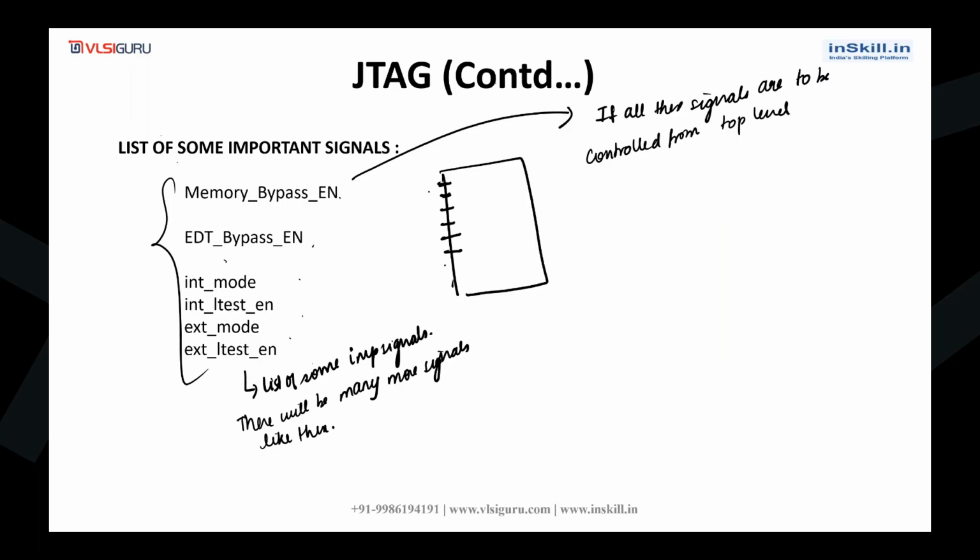If I allocate a top level port to control each and every signal, and as I told, these are just some important signals, there will be many more like these.